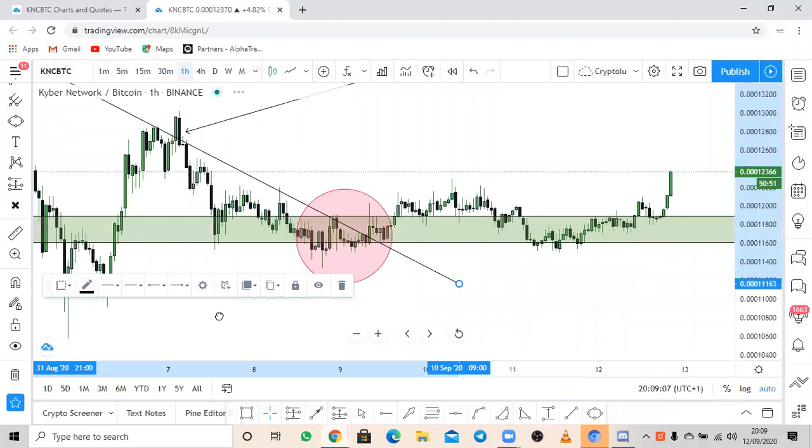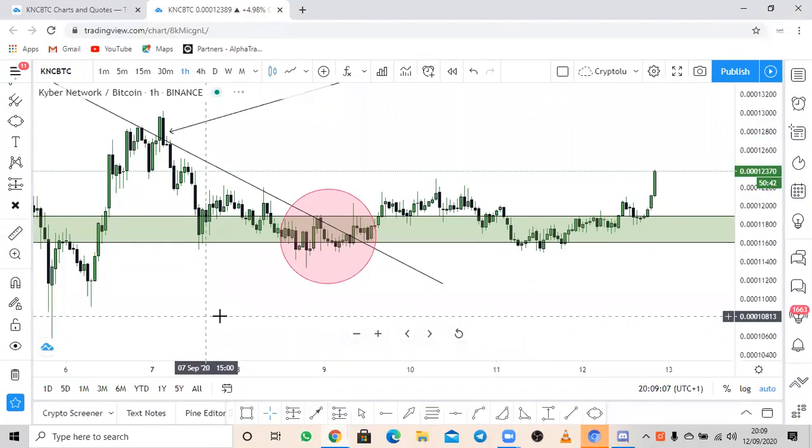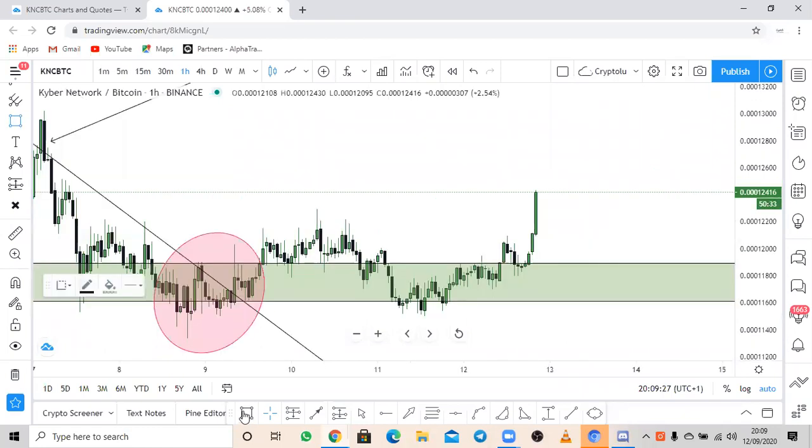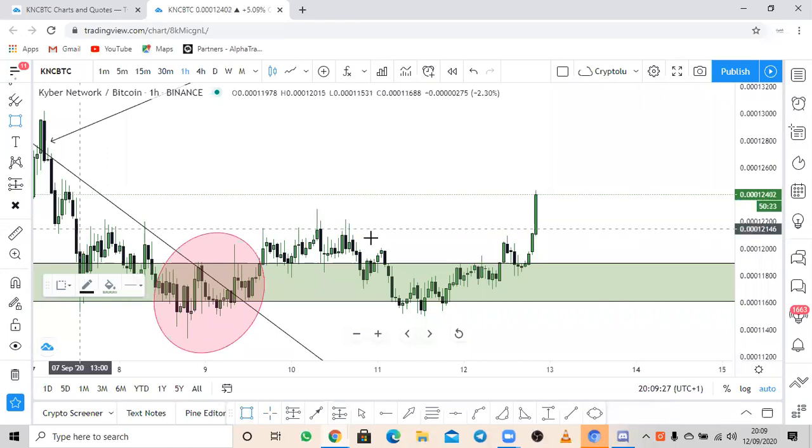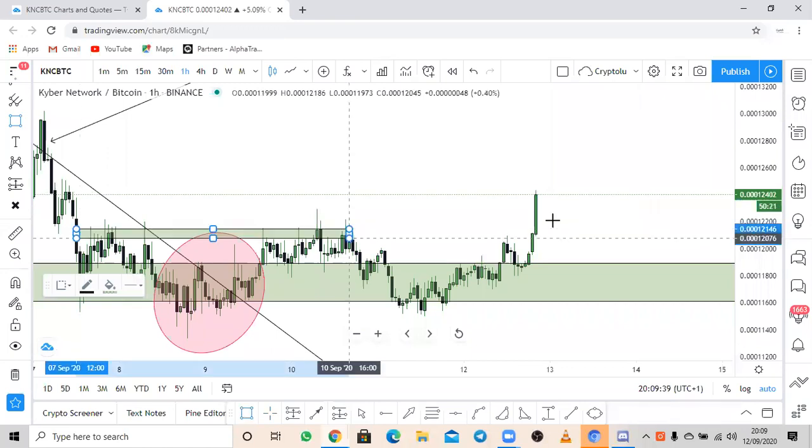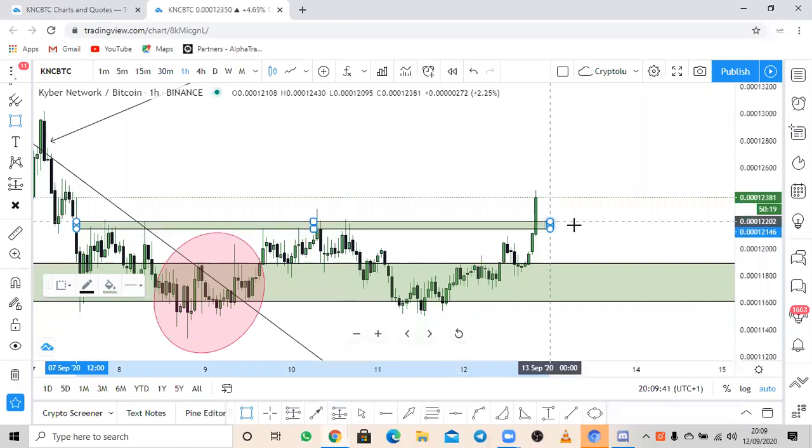So we had a double bottom pattern here. The rain is affecting my network. Here we have the neckline. We have the neckline here.